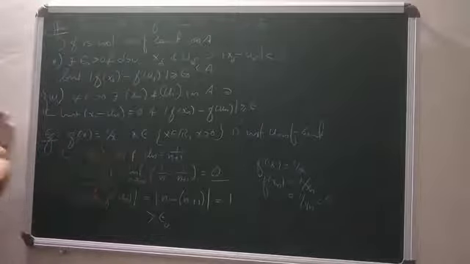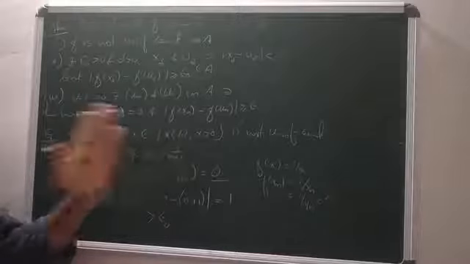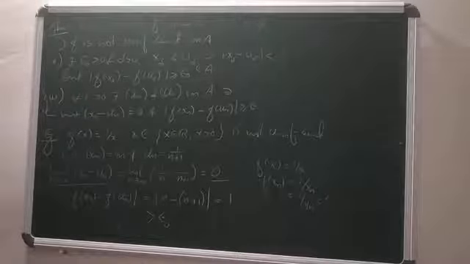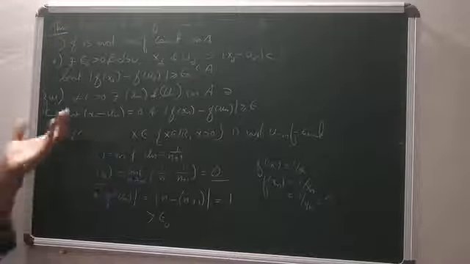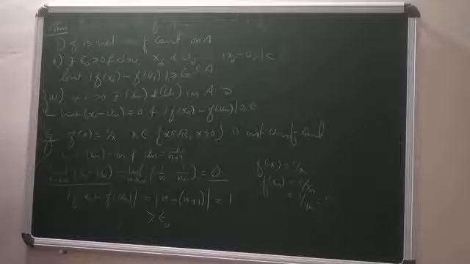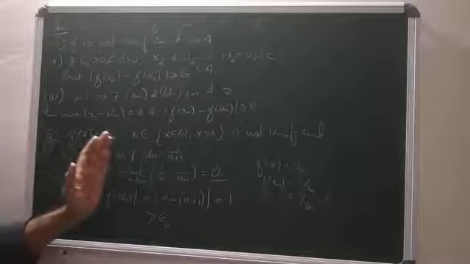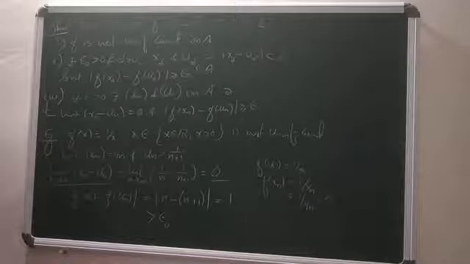Agreed. In the previous class we already proved that f of x equals 1 by x, where x falls in this domain, is not uniformly continuous by using the definition of uniform continuity of a function. But here we use the non-uniform criterion, and the problem is reduced.